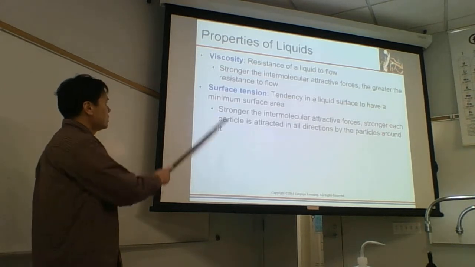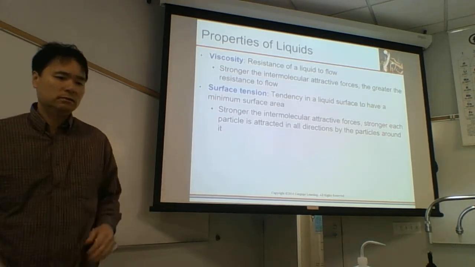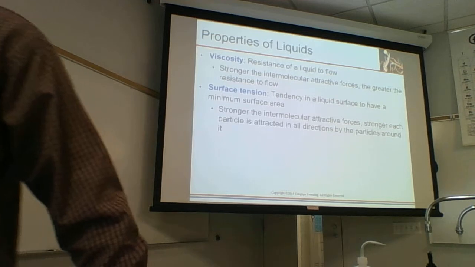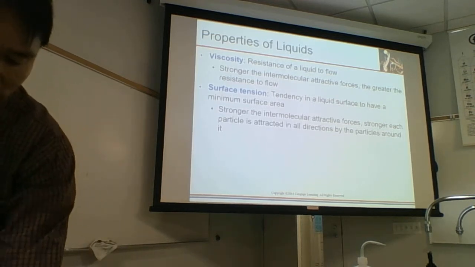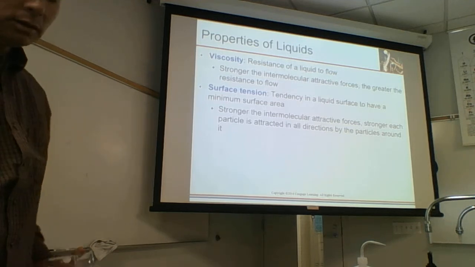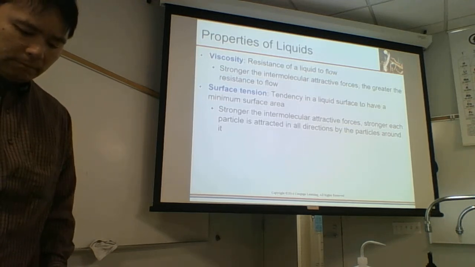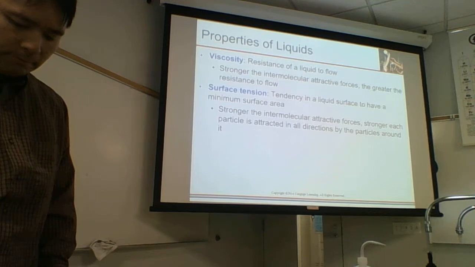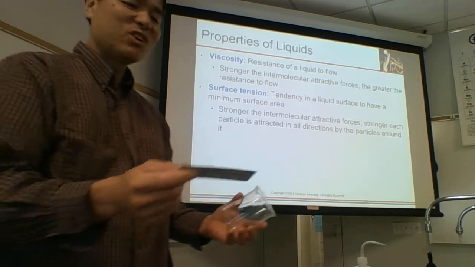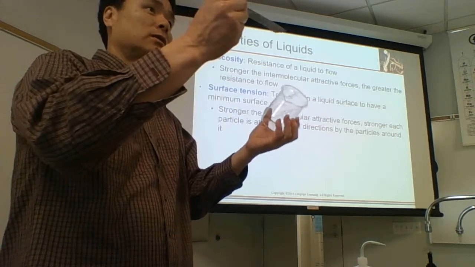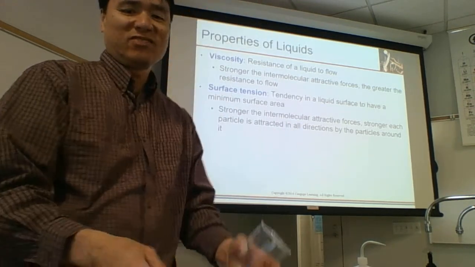And then we have surface tension. The surface tension is how hard it is to break the surface. Maple syrup, it's a lot harder to break the surface than water. But still, for example, what's more dense, this plastic or water? I don't know.